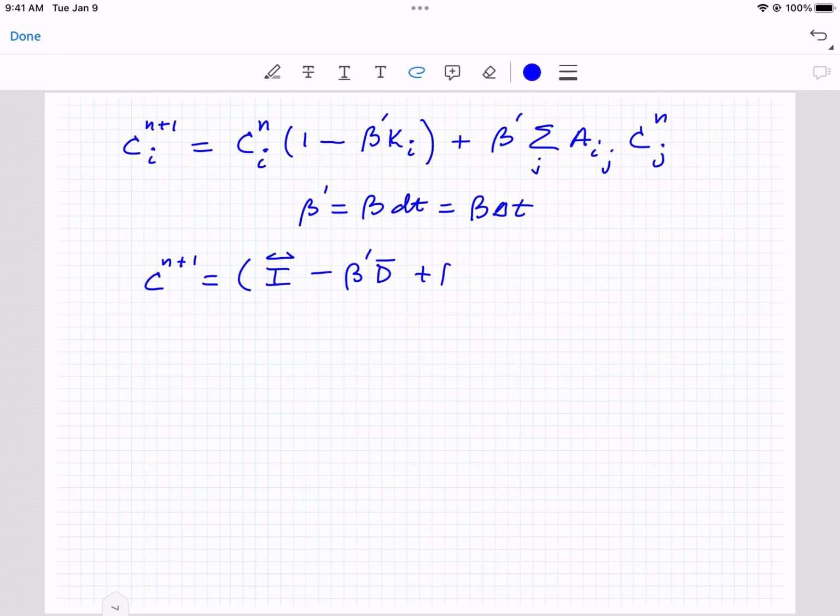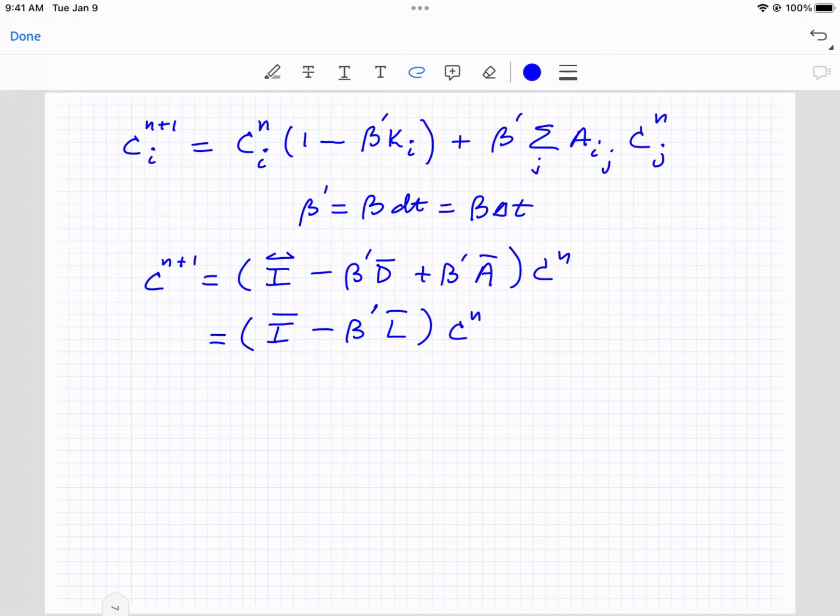And then there's the influx, right? Beta prime times A, and then that's multiplying C sup n. And what I'll do is I'll recognize the minus D plus A as a graph Laplacian, and so then this becomes the identity matrix minus beta prime times L matrix operating on C sup n.